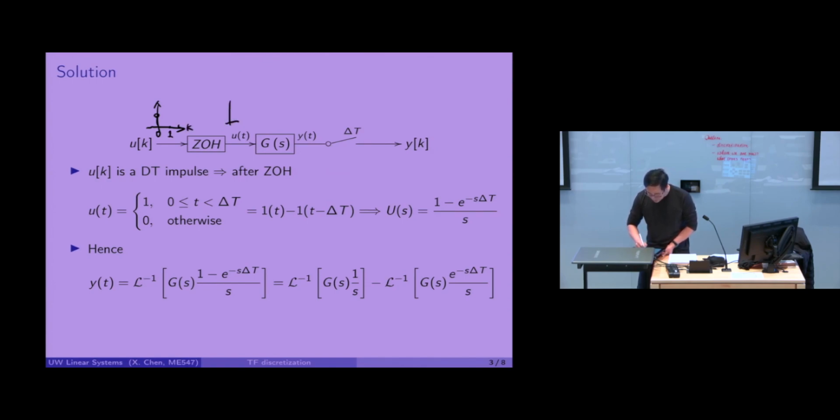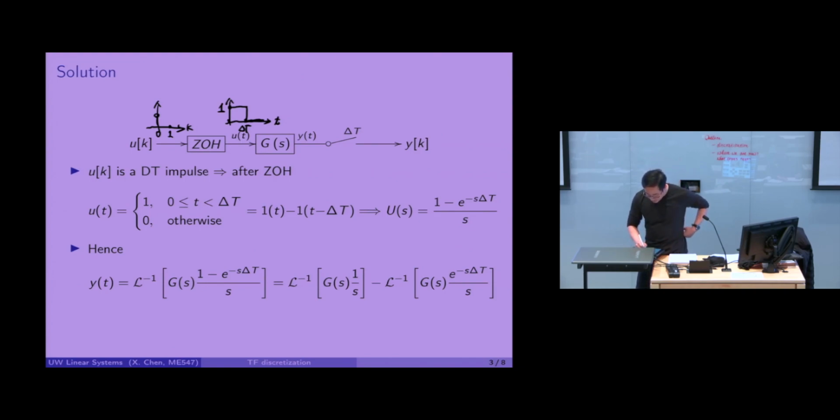After the zero order hold, you can see it's going to hold the signal between the two sampling instances. It holds its value, so it's 1 when time t equals 0, and it's going to hold it until delta t. And then at time t equal to delta t, corresponding to the discrete time, the signal has become 0 now, so it's going to hold 0 value for the remainder of the time.